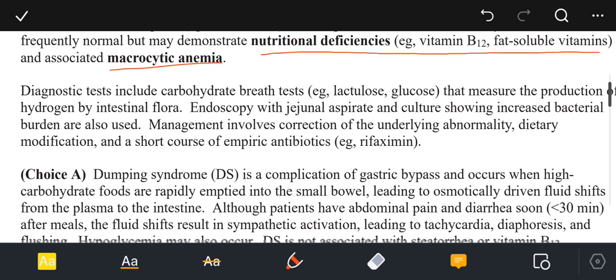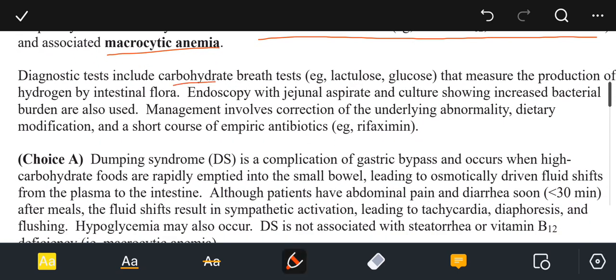The diagnostic tests include carbohydrate breath test with lactulose or glucose, which measures the production of hydrogen by the intestinal flora. Endoscopy with a jejunal aspirate and culture showing increased bacterial burden is also used. Management involves correction of the underlying abnormality, dietary modification, and a short course of empiric antibiotics, for example rifaximin.